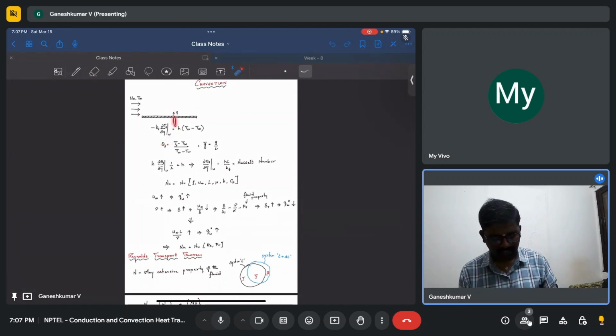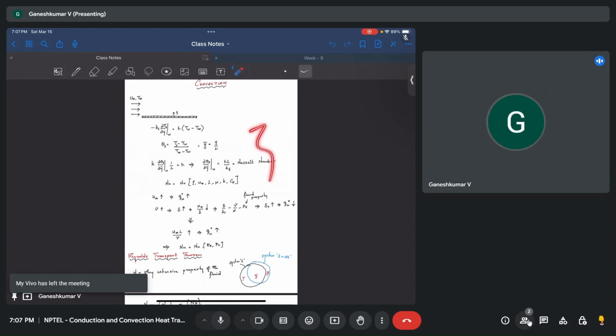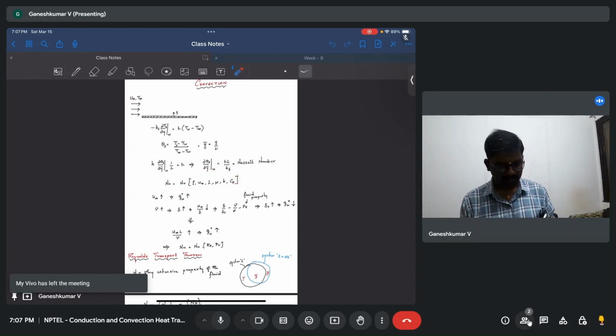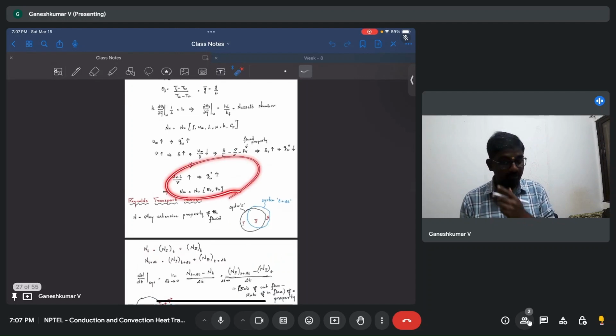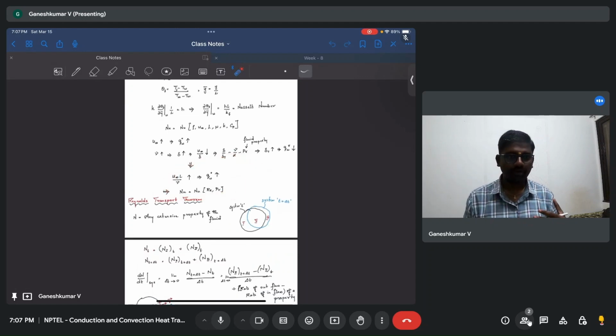If you balance the conductive heat flux to the convective heat flux, and then simplify this, you will be able to get a Nusselt number correlation, and the Nusselt number will depend on certain values. How these values are going to affect it, we had a small idea, and this became more and more clear once we solved all the equations, right?